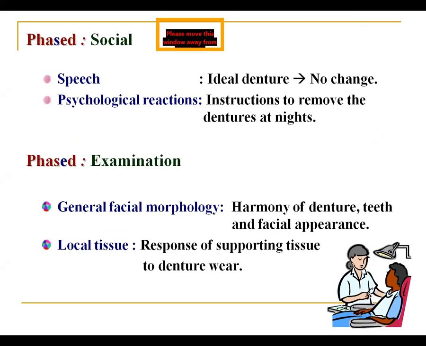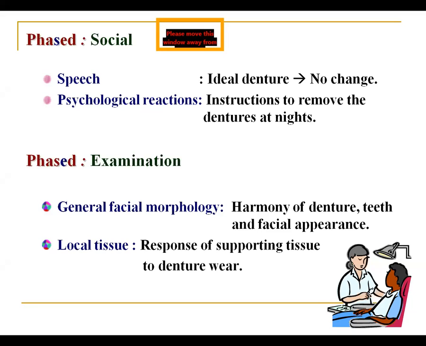As far as social is concerned, again, speech, ideal denture. If you prepare an ideal denture, then there will be no change as far as speech is concerned. And psychological reactions: you have to instruct the patient that he has to remove his denture at night.